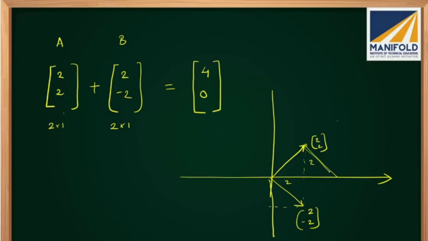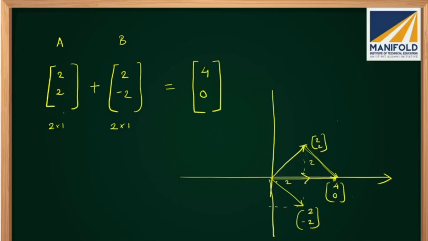It will start from here and reach here. This new vector is going to be the sum of these two vectors. That is what we have learned in the parallelogram law of vector addition. That point will land at the column vector 4, 0.